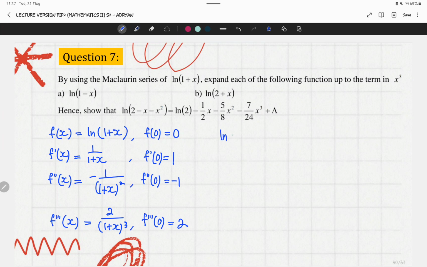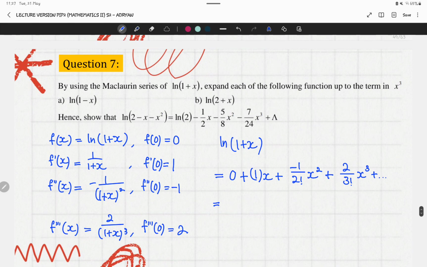So you have to write back in terms of ln(1 + x), which is equal to, remember the formula, starting from f(0), which is 0, plus f prime 0 times x, so 1 times x, plus f double prime 0, which is negative 1 over 2 factorial x squared, plus lastly f triple prime 0, which is 2 over 3 factorial x cubed, plus dot dot dot.